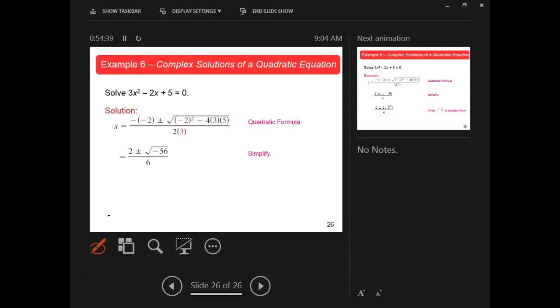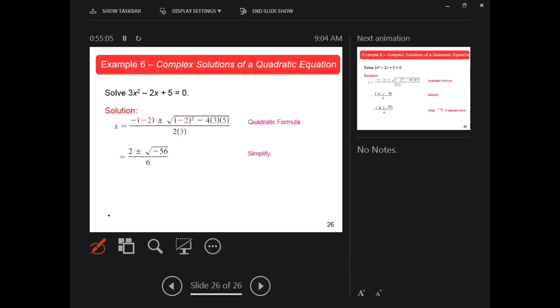Now, what would you do from that point? Yeah, pull out the minus here and put an i in front. That's exactly what I would do. Now, the 56, I would look at that and say, is there a perfect square somewhere lurking inside 56? 4. 4 times what? 14? Yeah, 4 times 14.